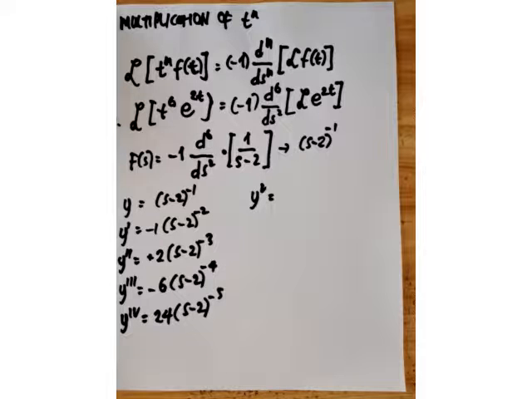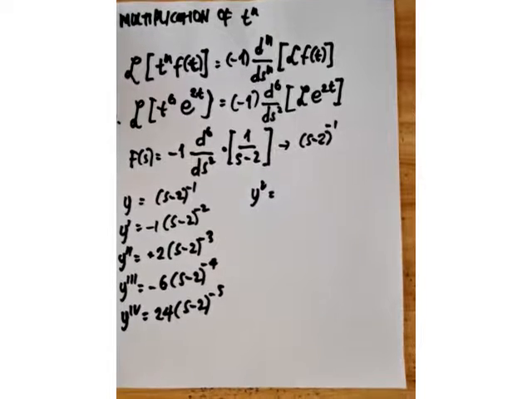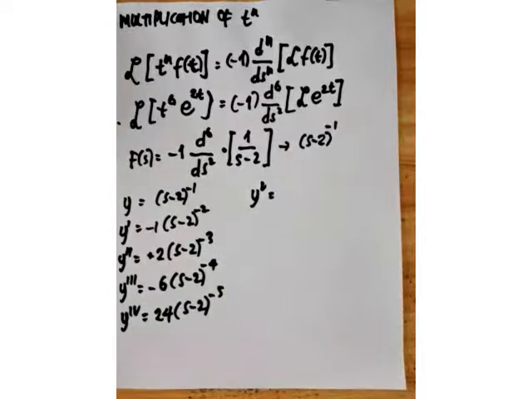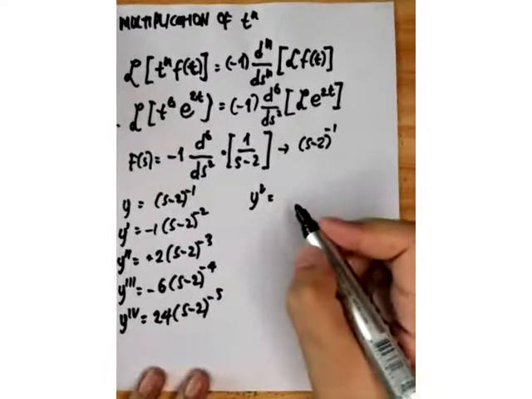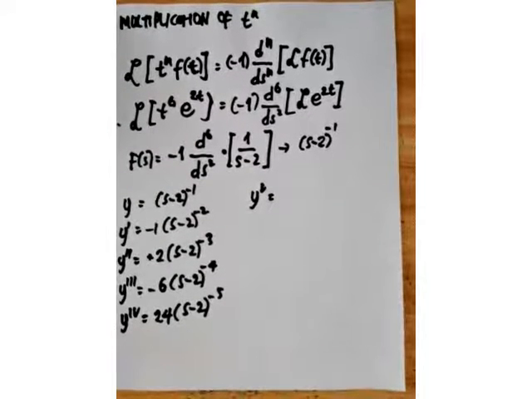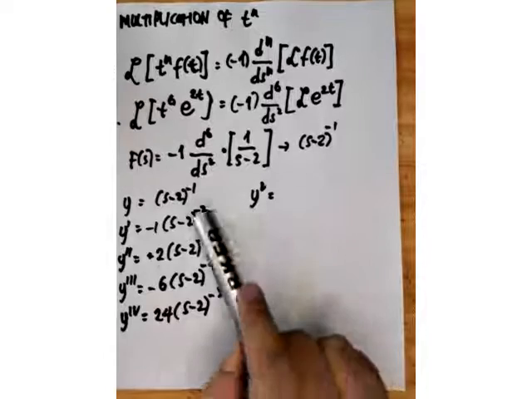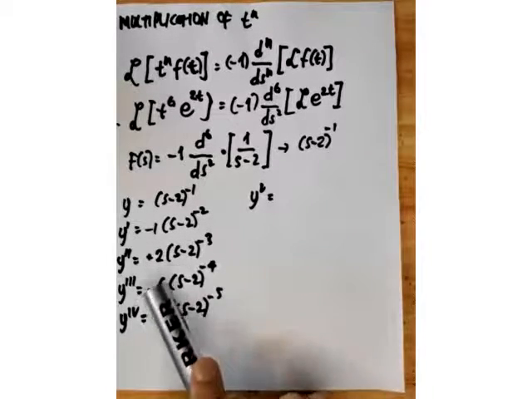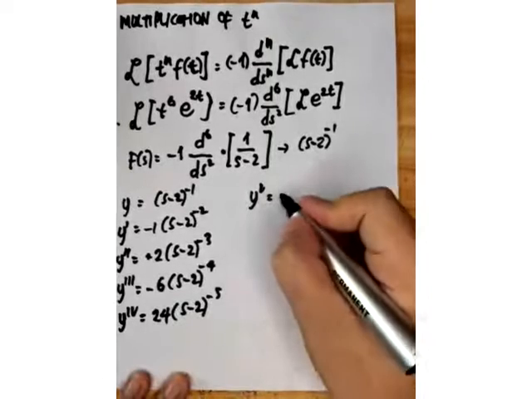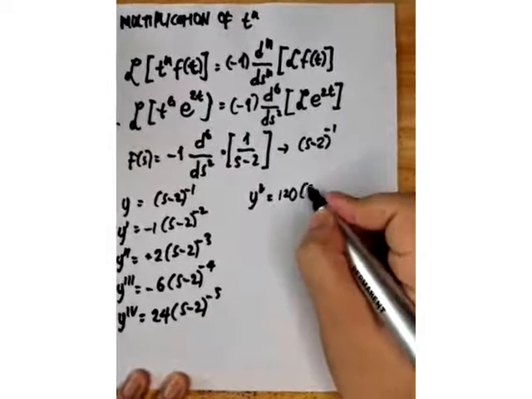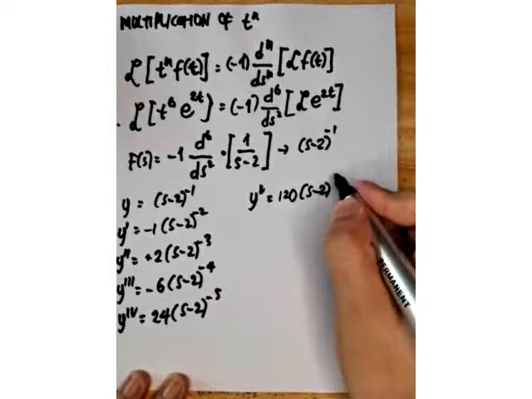Wait, there seems to be a mistake. Anyway, let's finish this first. That's 120, times s minus 2 raised to negative 6.